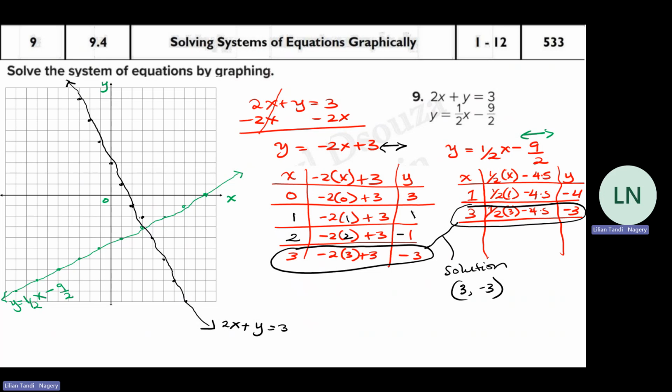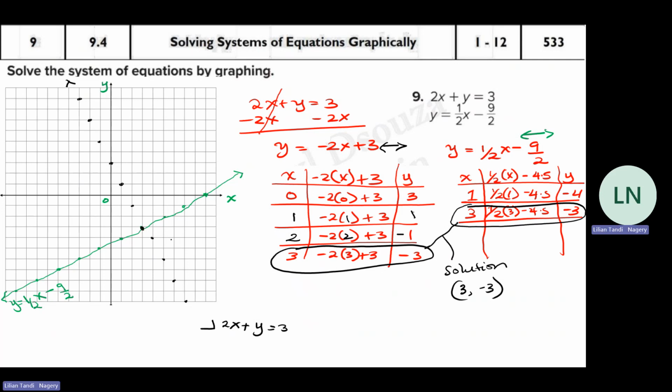Did I label this correctly? 0, 3. 0, 3. Okay. 1, 1. So 1 right, 2 down should be here. 1 right, 2 down.